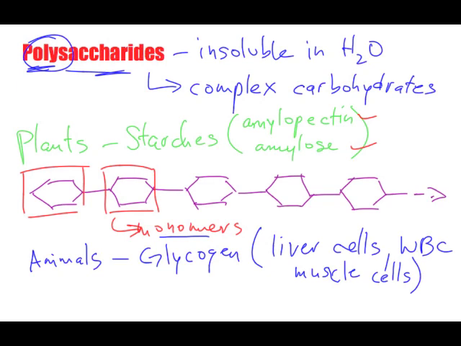Monomers are the individual pieces that make up this big long polymer, and a polymer is a molecule composed of many little subunits, these subunits being glucose.